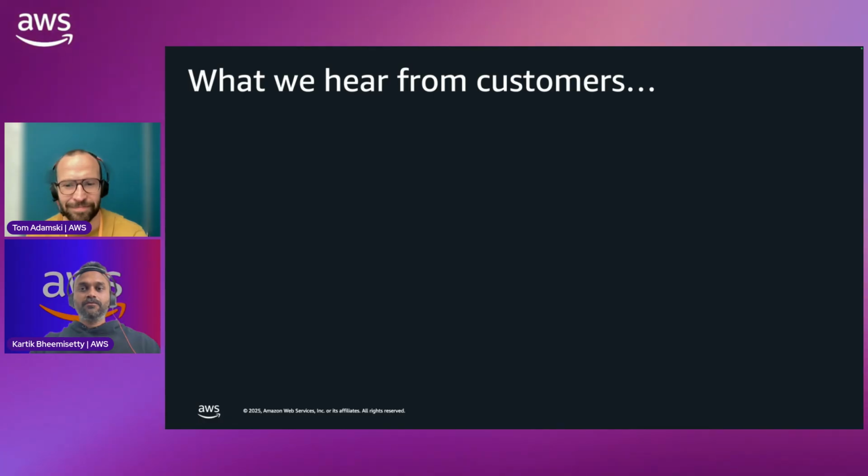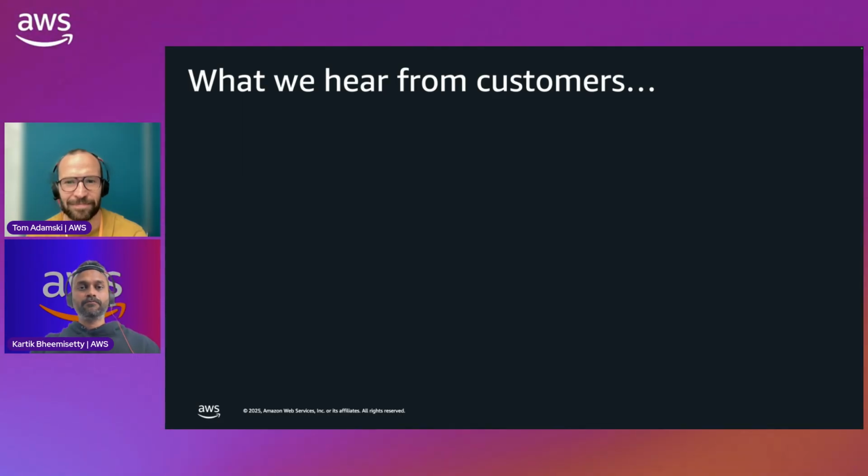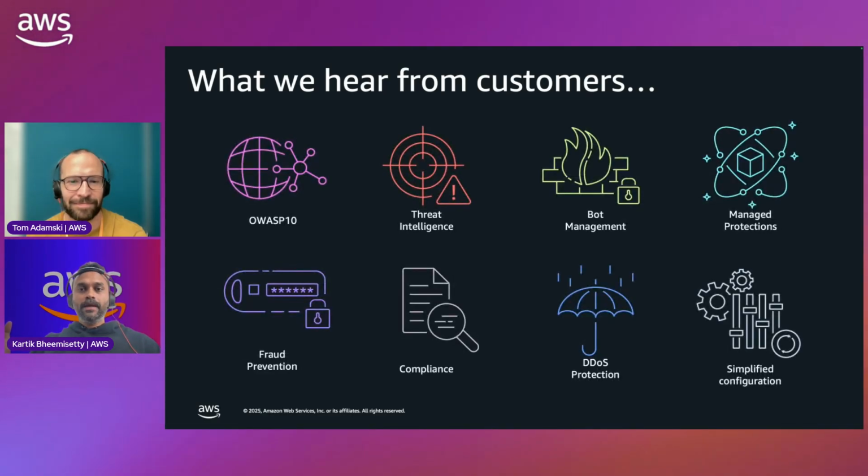So it looks like some of our audience are getting started with AWS WAF, so we'll spend a little bit more time helping them understand the basic WAF constructs as well. And then we will dive deep into the advanced capabilities. In summary, this is what our customers have been asking over the past few years.